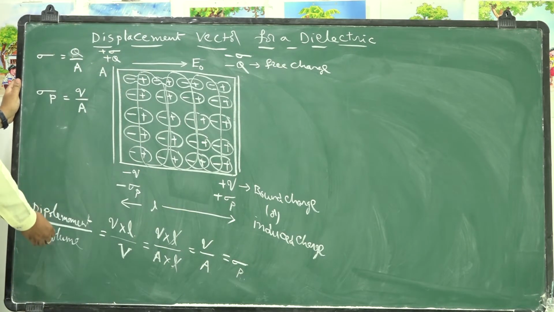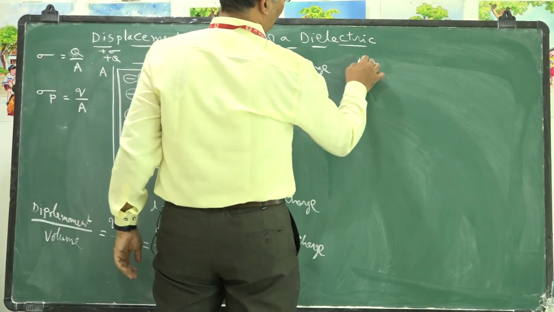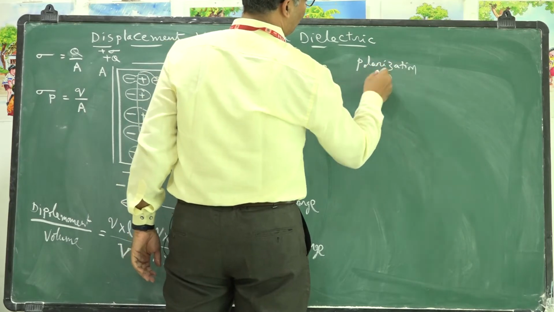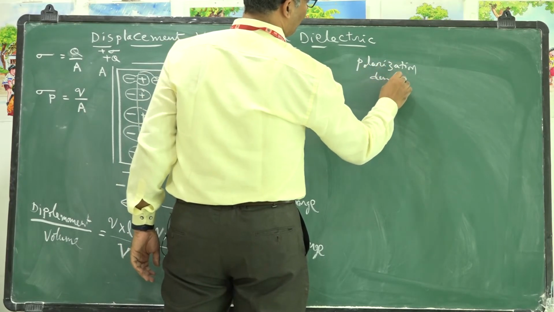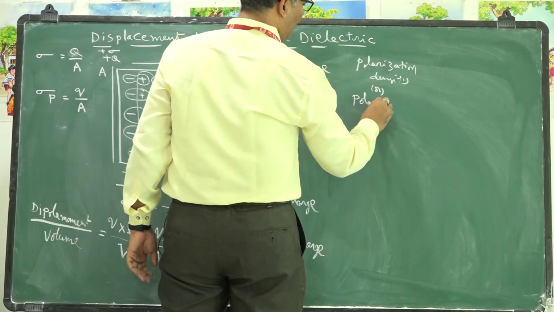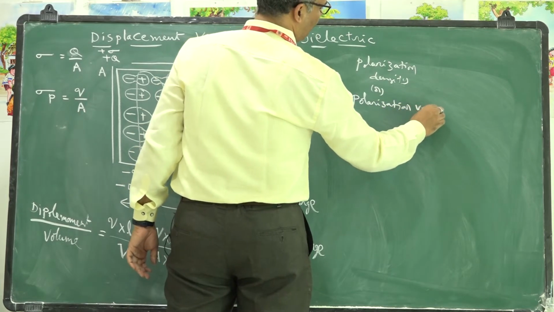So, the dipole moment per unit volume is called polarization density or polarization vector.